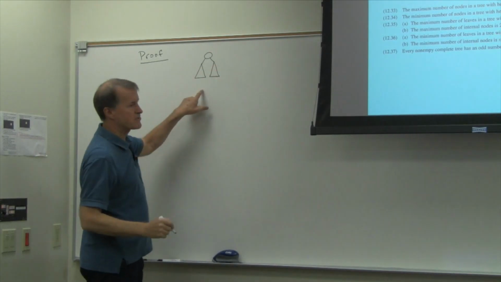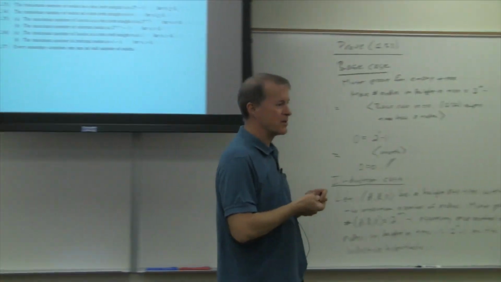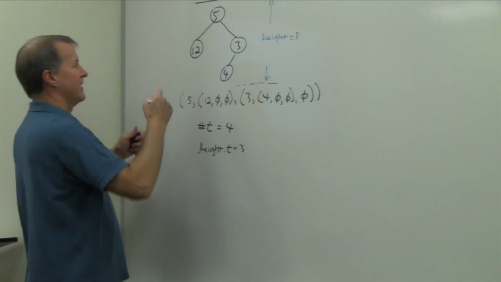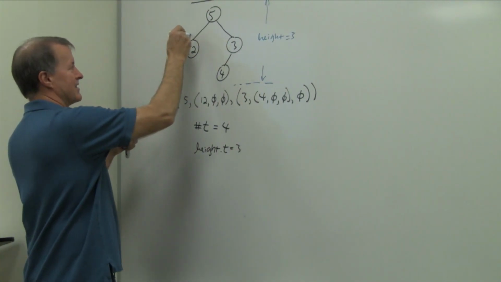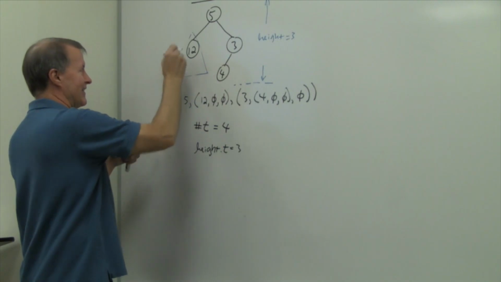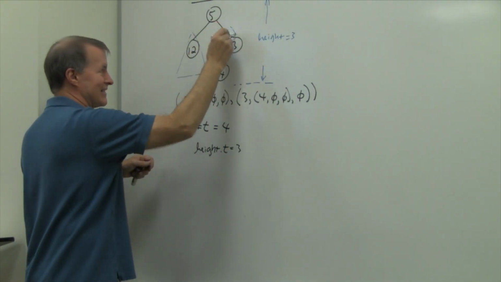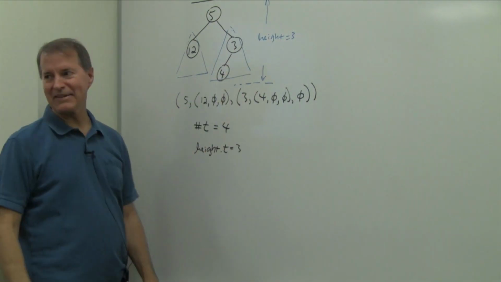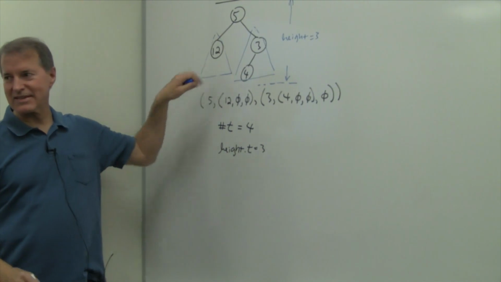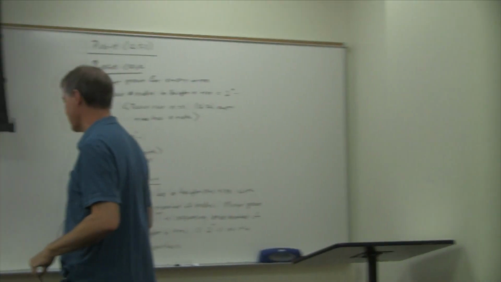This is kind of like an abstract drawing of a tree. Each one of these triangles is a subtree. It's the left child, which has a bunch of nodes in it, right?